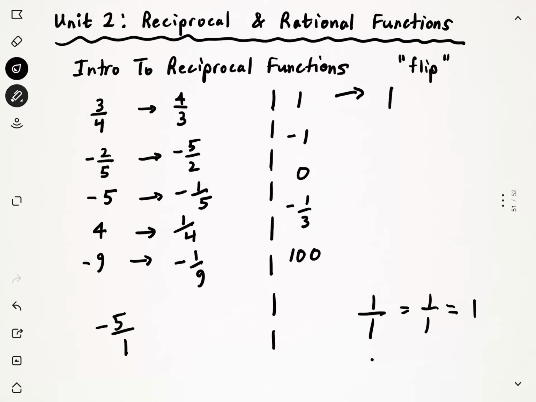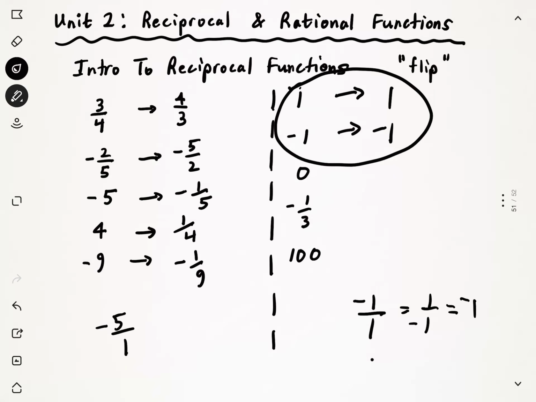And if we take a look at negative 1, same deal. If we have negative 1, you flip that over, and that becomes 1 over negative 1, which is equal to negative 1. So these two numbers right here are the only two numbers in the number system where the number and its reciprocal are the same.